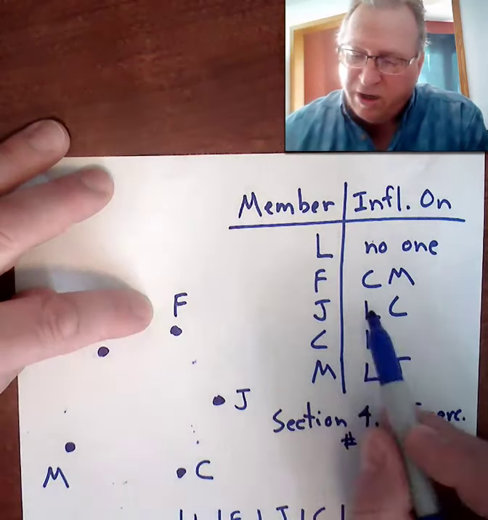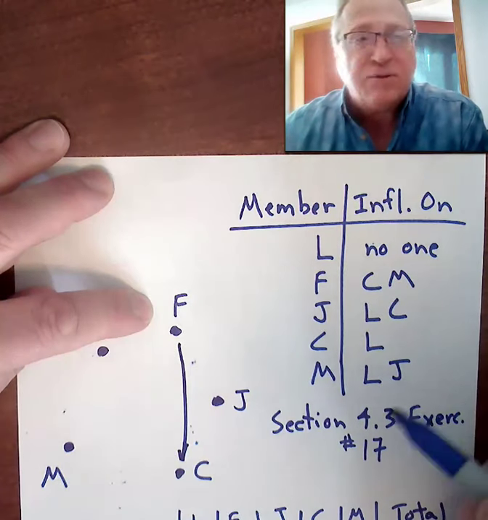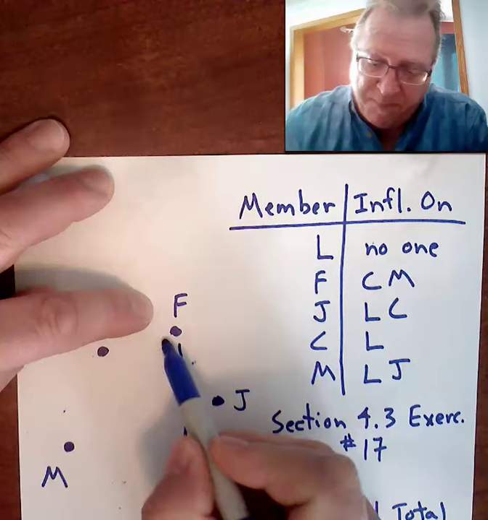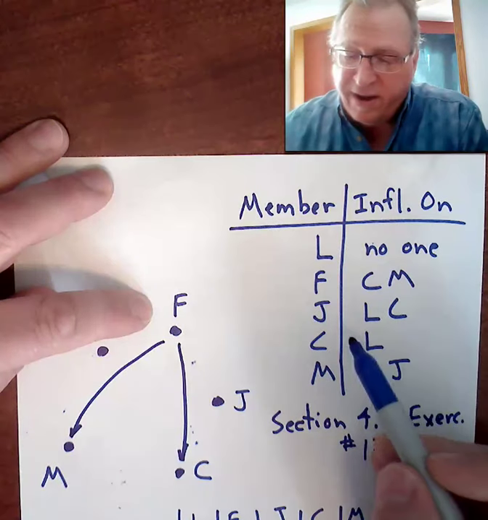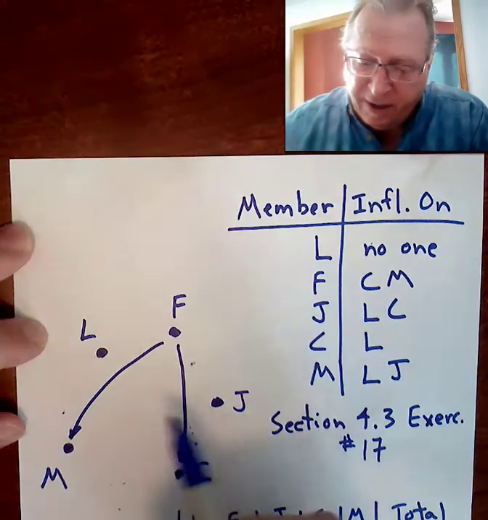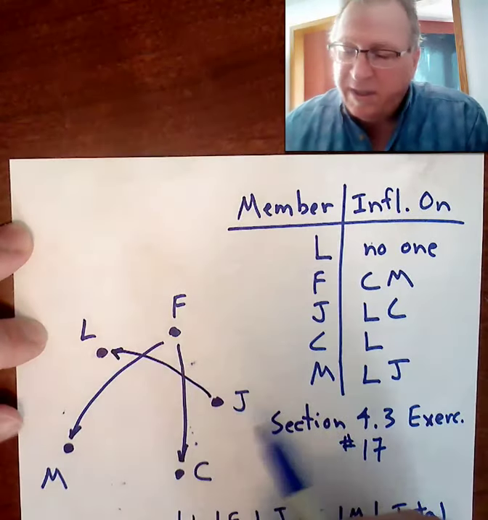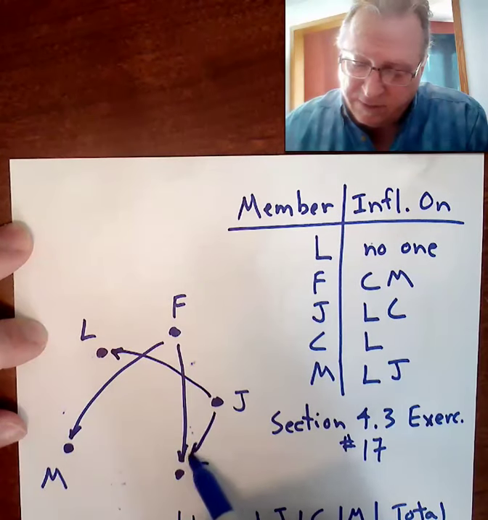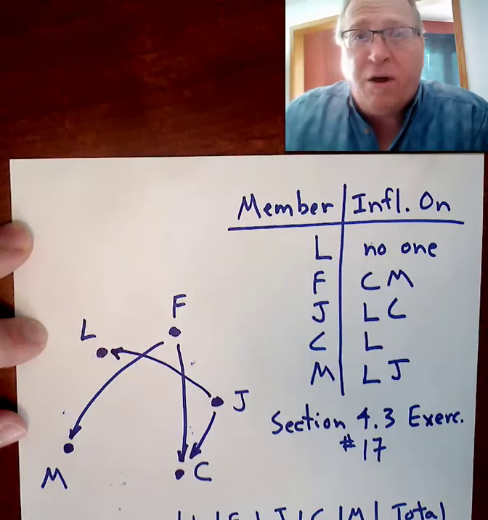I'm going to draw from F to C, a little arrowhead on it so I know which way the influence goes, and from F to M. Okay, then I go on to the next person, and let's see, J has influence on L, and J also has influence on C, next door. I'll continue this until I've drawn all these.